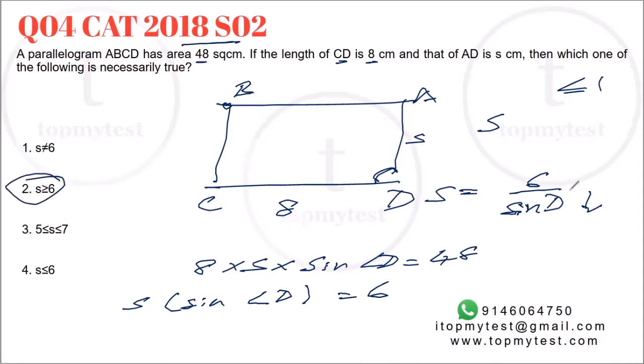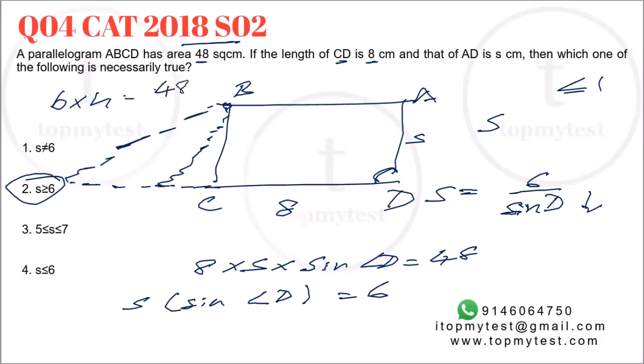The other way, if you don't know the sine part, is let's look at base into height. Base is 8. The parallelogram can be shaped like this, or like this, any which ways. So base into height is equal to 48. So base is 8, so height should be equal to 6.